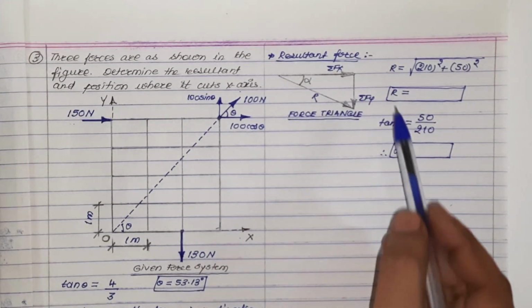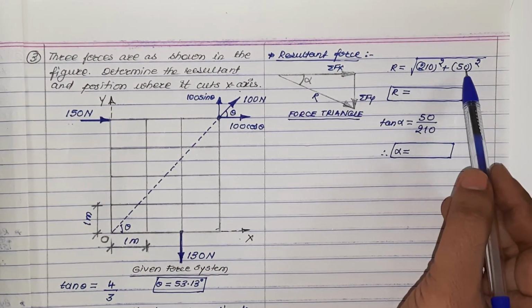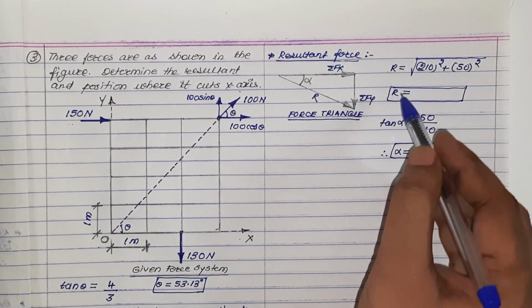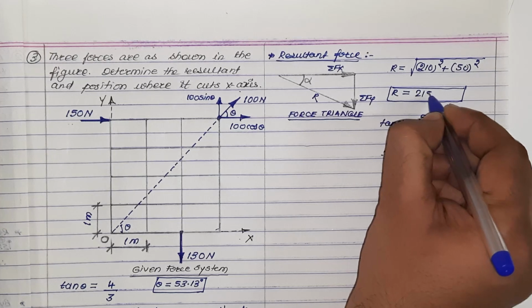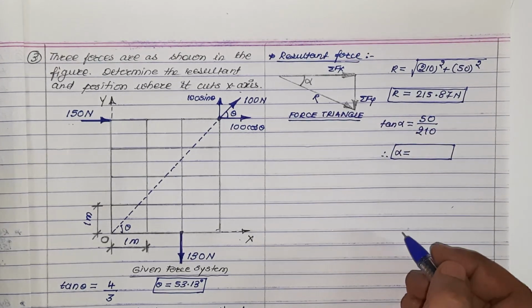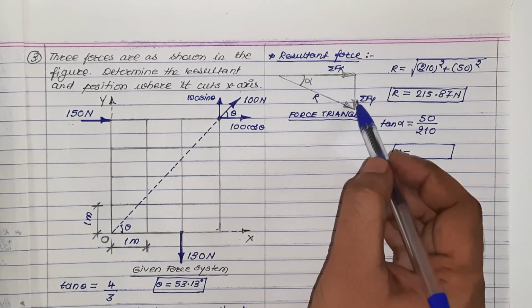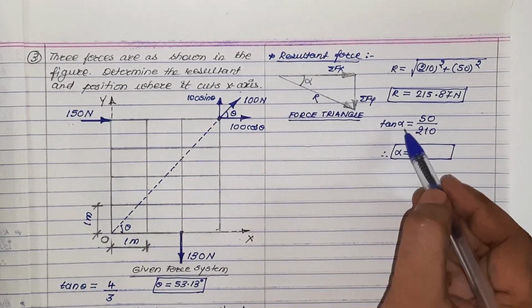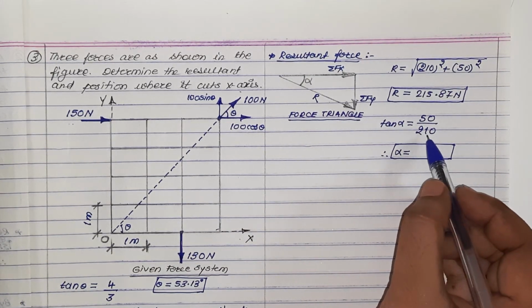Thus, R equal to under root 210 square plus 50 square. We will get R here as 215.87 Newton. Thereafter, tan alpha will be summation Fy upon summation Fx. Summation Fy is written 50 and summation Fx is written 210.